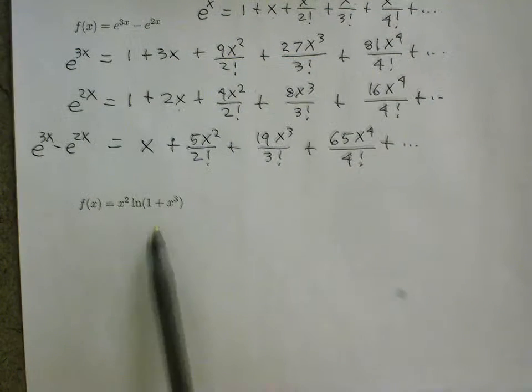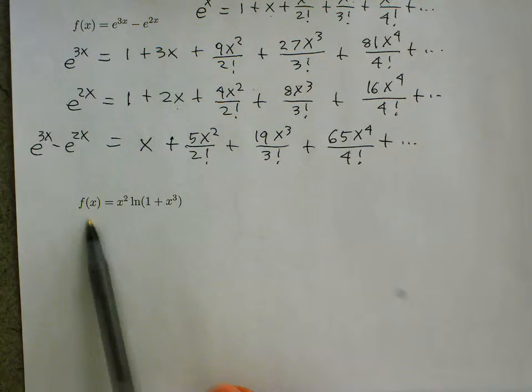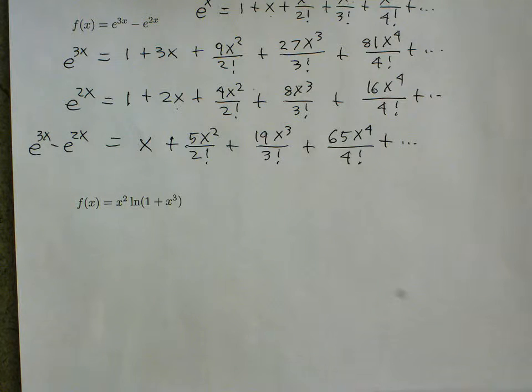Okay, let's get started on this one. f of x equals x squared times the natural log of 1 plus x to the third. So what do we need to do if we want to find a Maclaurin series for that?